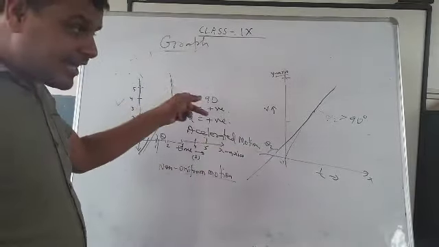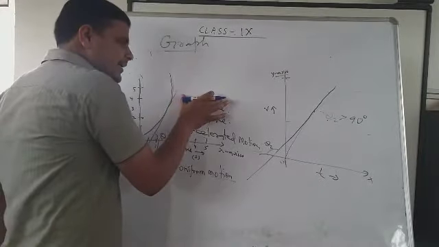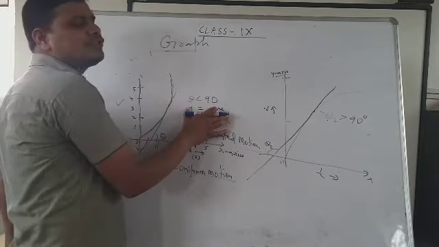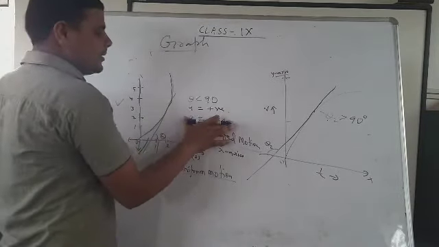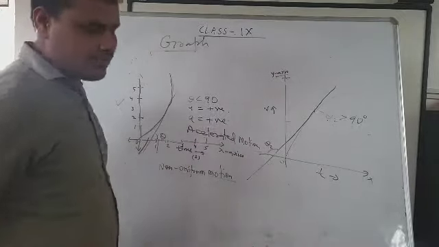So, as I told earlier, if theta is less than 90, then initial velocity will be positive, a will be positive, and accelerated motion will be there.